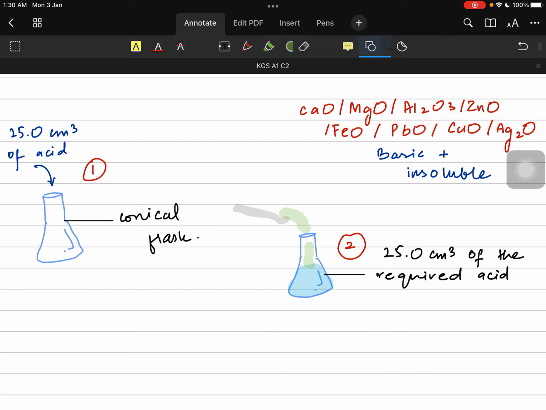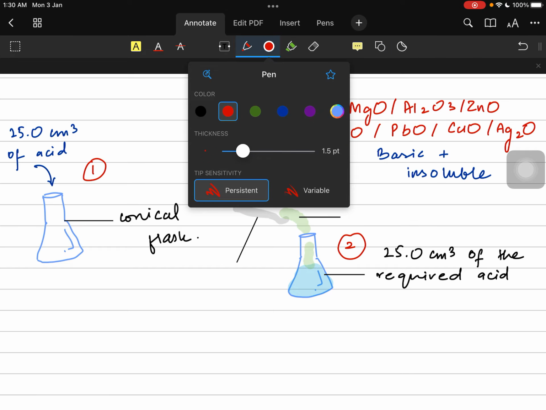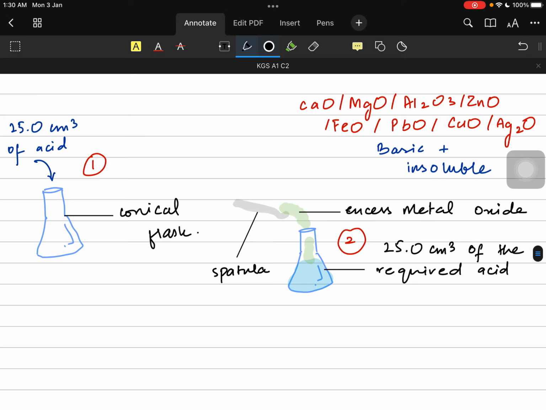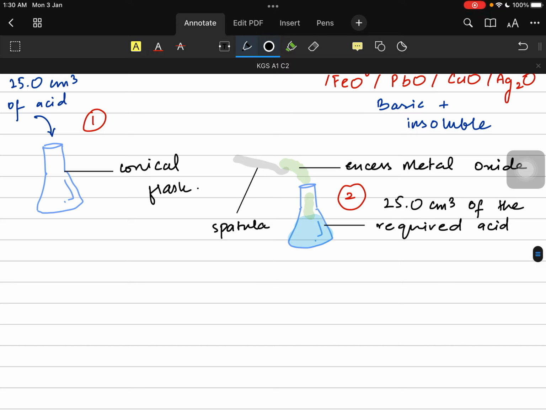So you add your metal oxide. This is your spatula and this is your metal oxide. So you use a spatula to add excess metal oxide, or you can say the excess insoluble base. Excess means that you are adding it in extra, you are adding it more than required.